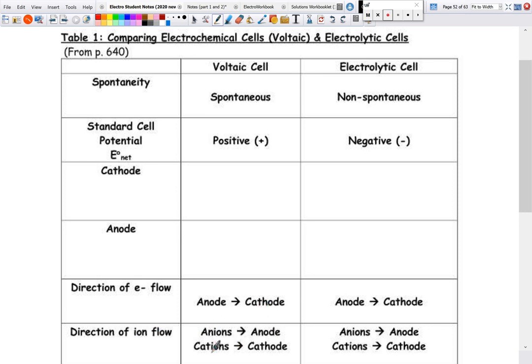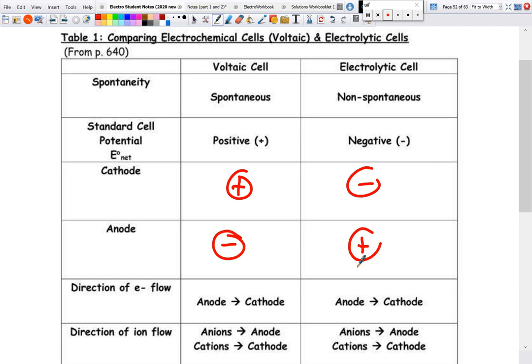Anions go towards the anode, cations go towards the cathode for both. The only difference is the polarity of our electrode. For voltaic cells, our cathodes are positive and our anodes are negative. But for our electrolytic cells, our cathodes are negative and our anodes are positive.